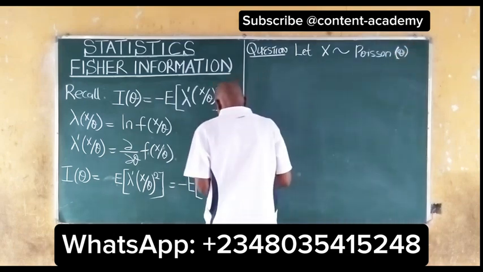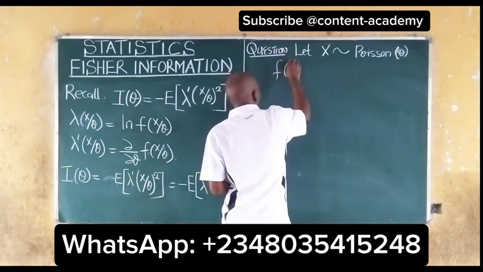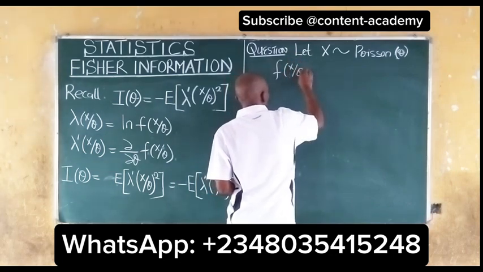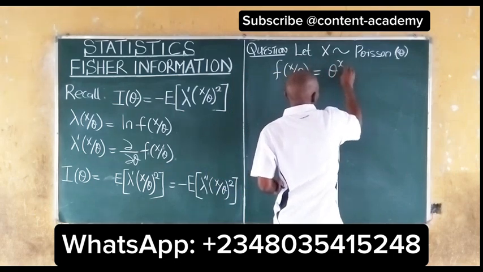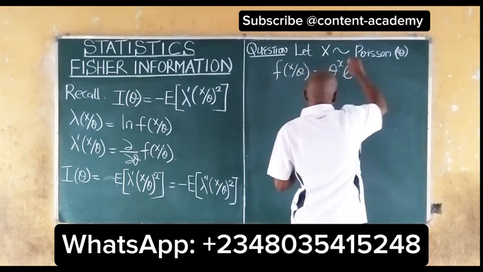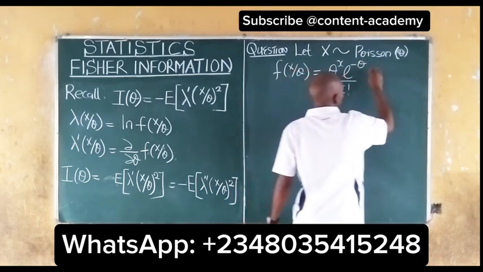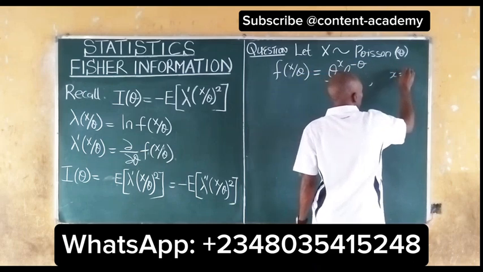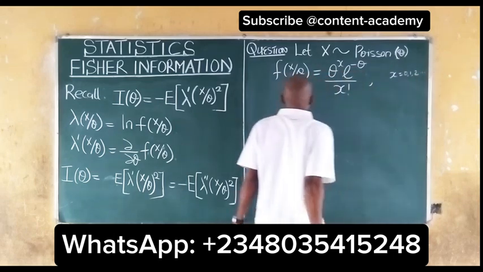It means that f of x is equal to theta to the x, exponential negative theta, all over x factorial, as x runs from 0, 1, 2, and so on.